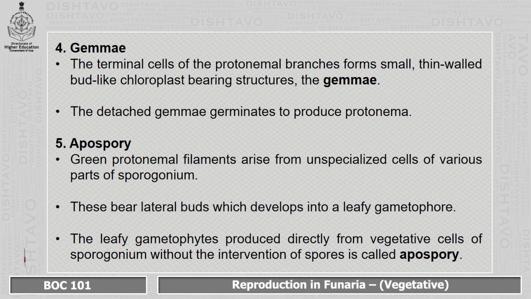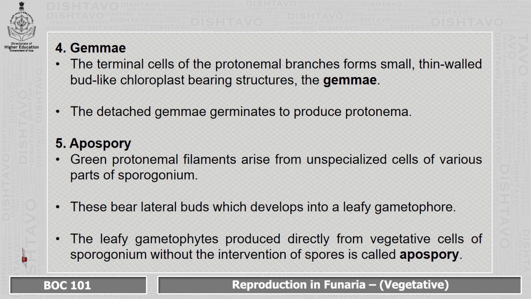The fourth method is by gemmae. Gemmae are the terminal cells produced on the protonemal branches, small thin walled structures which bear chloroplasts, and they get detached and can germinate into a new protonema. The fifth method is by apospory.